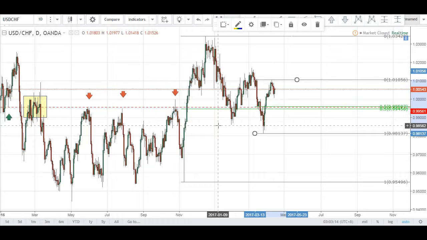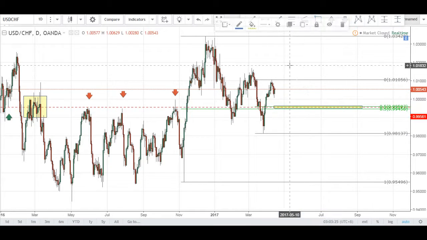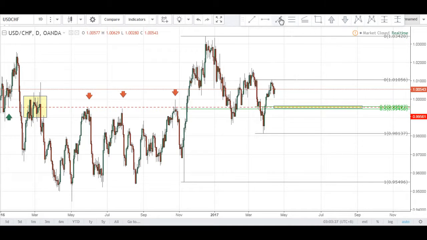However, it is a very whole number, so it's a very psychological number where traders look to enter the market. So we can build a zone for entry like this, and we could possibly wait for price to come down into this area before we long the market.